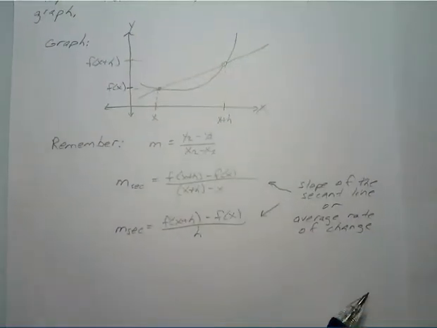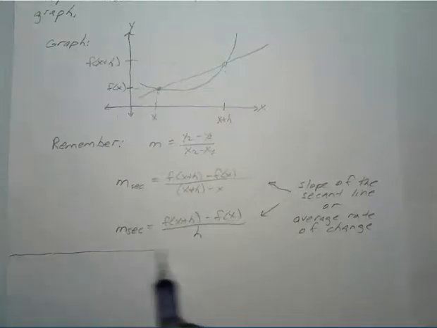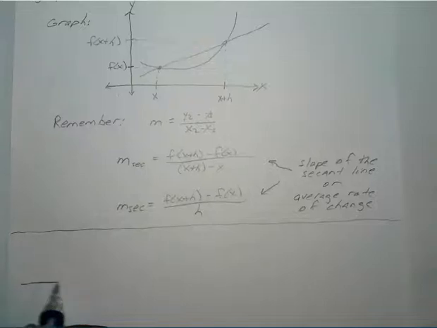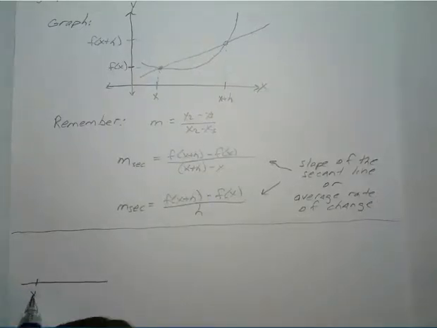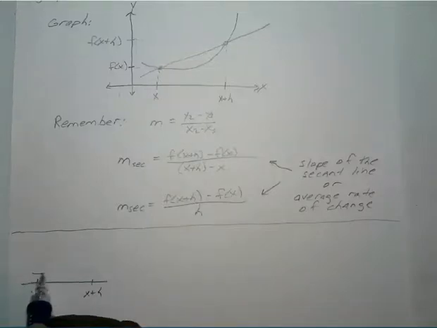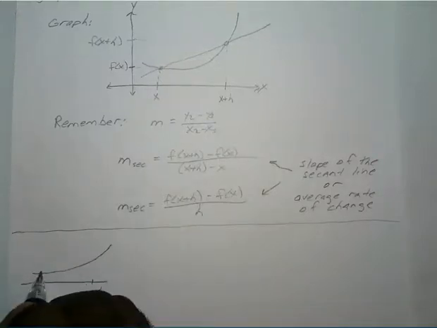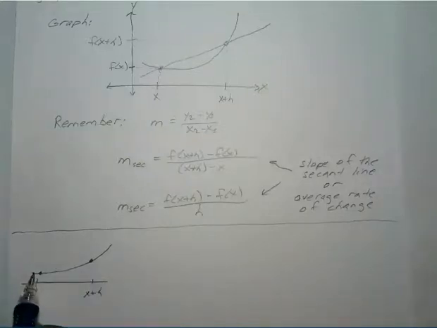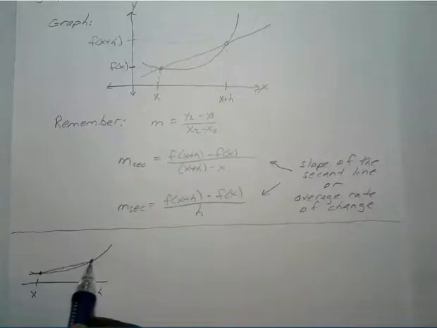Let's adjust this just a little bit, and I'll show you how this works. Let's say you have your x and your x plus h, and this is your graph here. What you have is your secant line when you find the average between them.